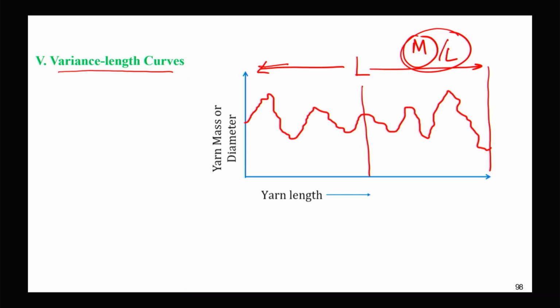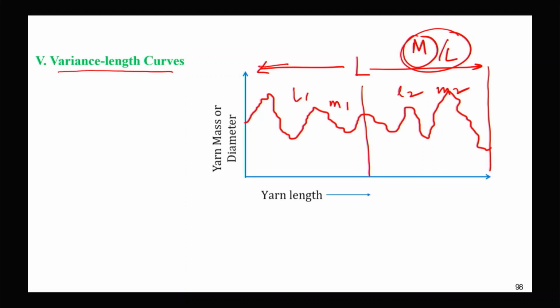Now, if we take, say, two components, equally divided, this is L1, L2, and we are taking masses M1, M2, two components.